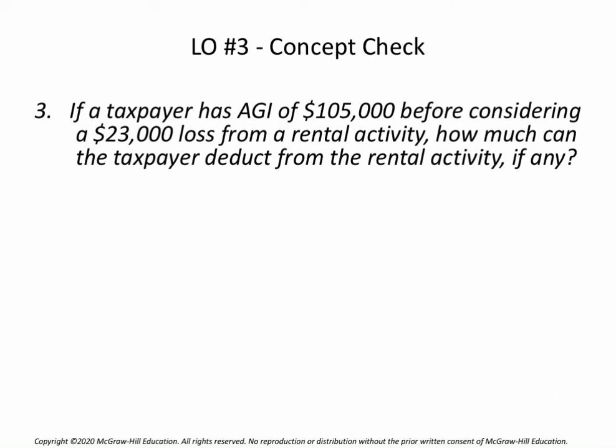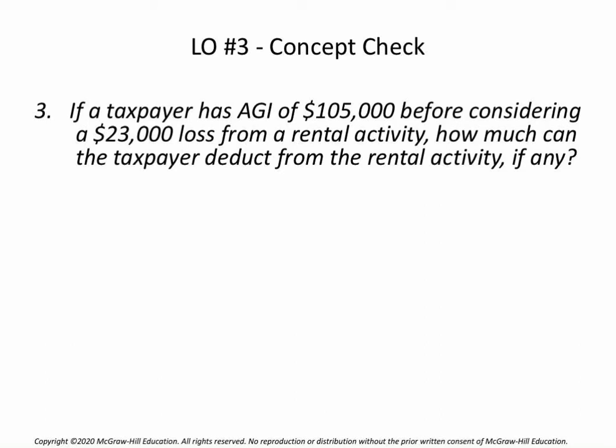Number 3, if a taxpayer has an adjusted gross income of $105,000 before considering a $23,000 loss from a rental activity, how much can the taxpayer deduct from the rental activity, if any? And here that phase out is going to come into play. Ordinarily, we would be permitted up to $25,000 for the loss for a rental activity, $23,000 loss.